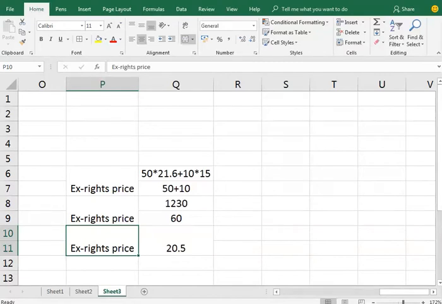Any doubts till now? Now listen for a minute. Post issue price is equal to value of firm, that is 1230.